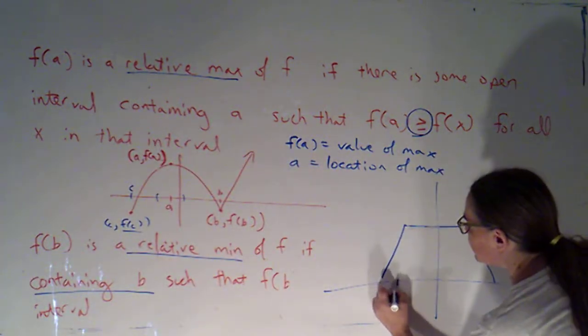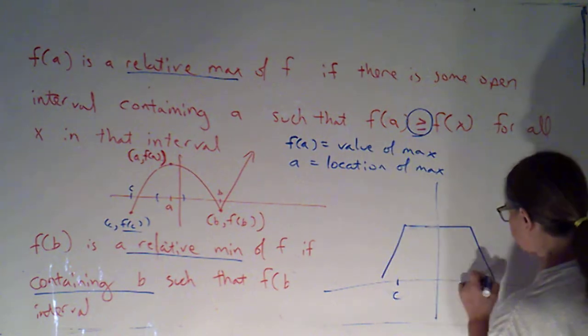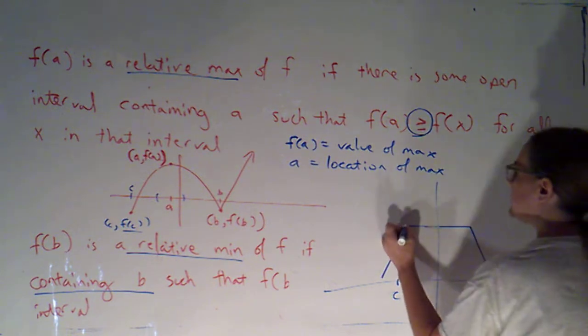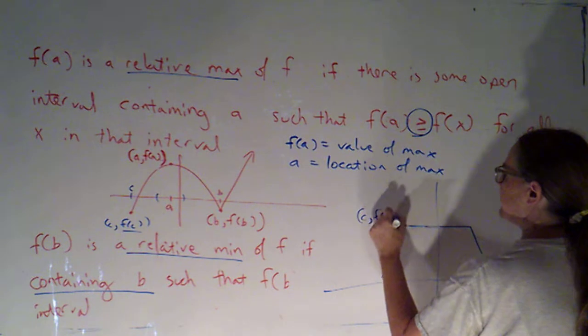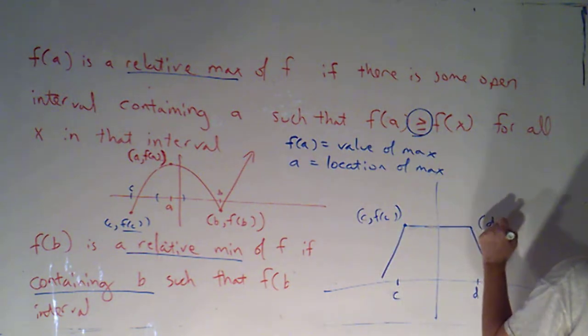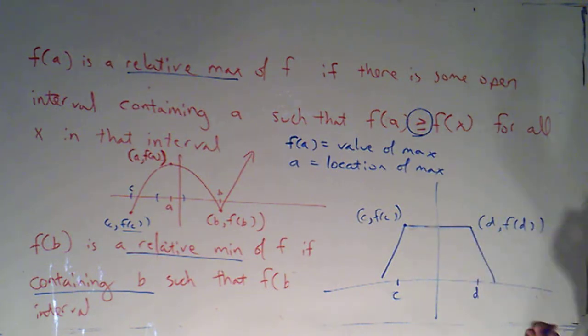Now, very interesting technicality. Let's not use A and B, let's use C and D. Okay, so here I've got the point C, f of C. Here I've got the point D, f of D. And of course, f of C and f of D are exactly the same.